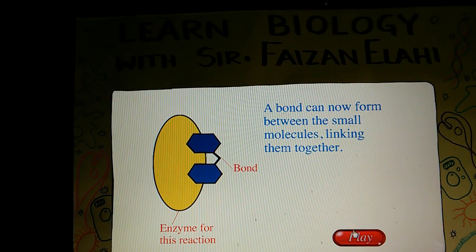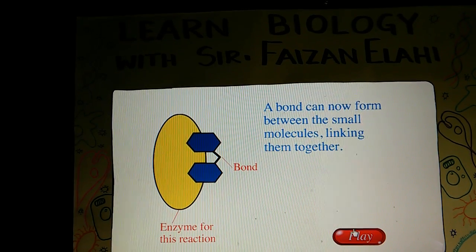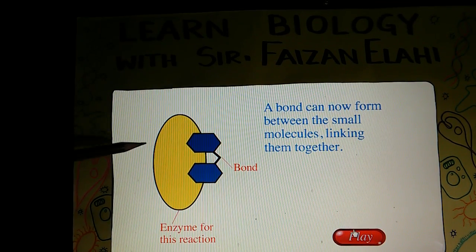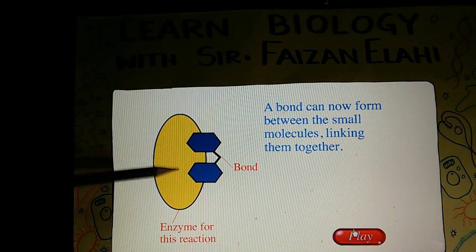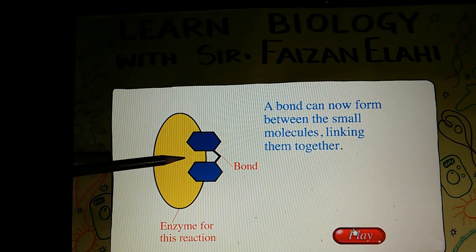In this way, the enzyme performs its reaction, and this is known as the bond. So the enzyme is involved in the formation of a big molecule by the combination of two small molecules.